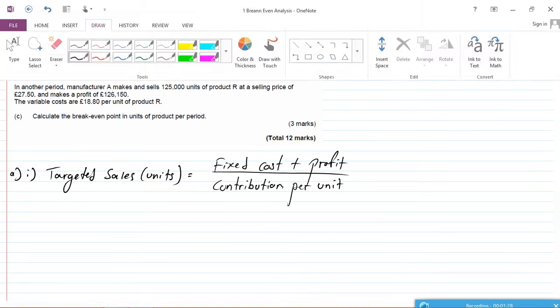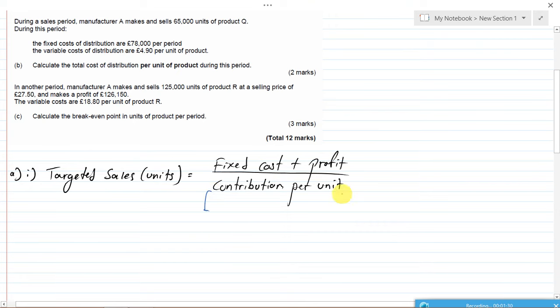Now, please do the breakdown for the formula. How do you find contribution per unit? Which is what? Selling price minus variable cost per unit.